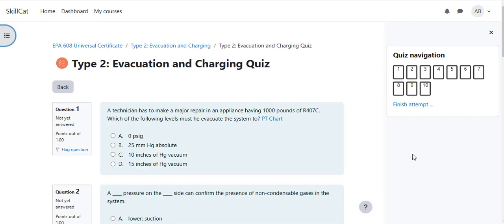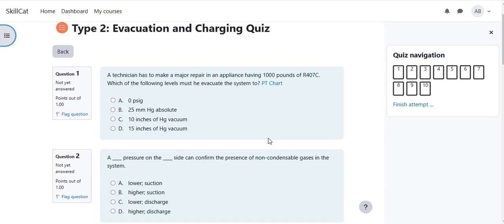Now we have the quiz for evacuation and charging. A technician has to make a major repair in an appliance having 1000 pounds of R407C. To which level must the system be evacuated? Okay, let's open the PT chart.